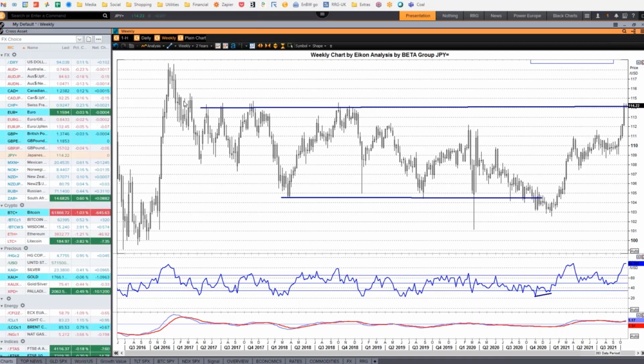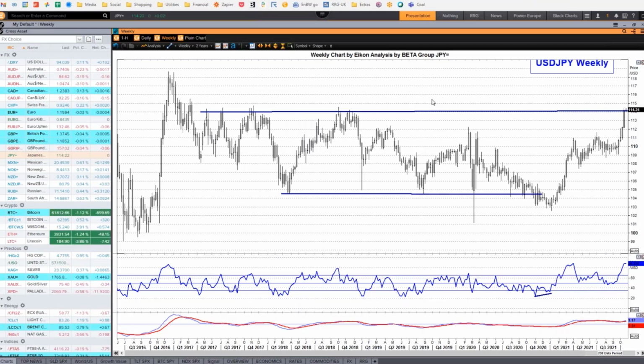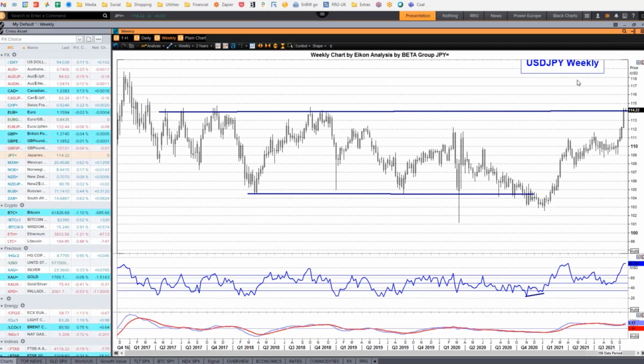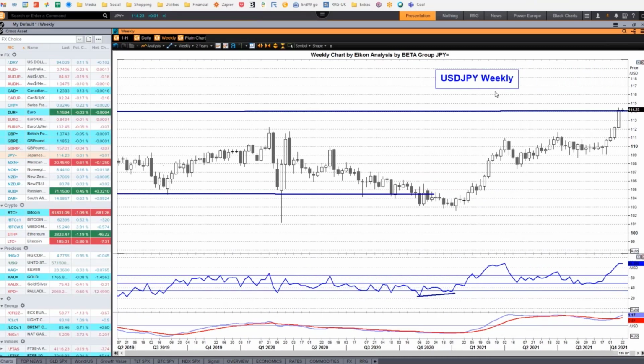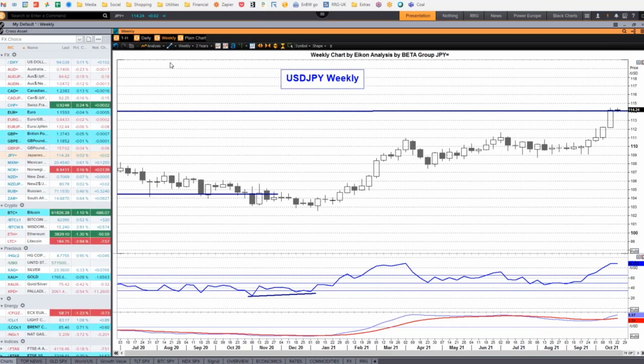Then I think you have a clear shot right up to this 2016 high up here, which is at 118.66, high for the dollar, that is low for the yen. And so what we're seeing in the RRG chart is that something quite profound is happening. We are right on that level now.